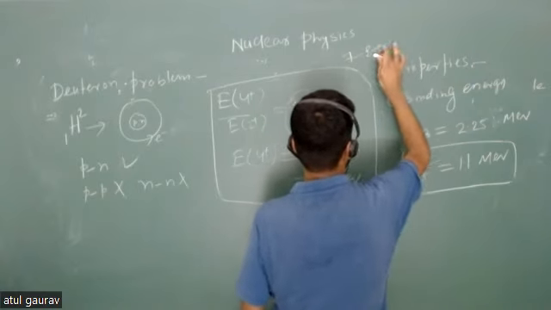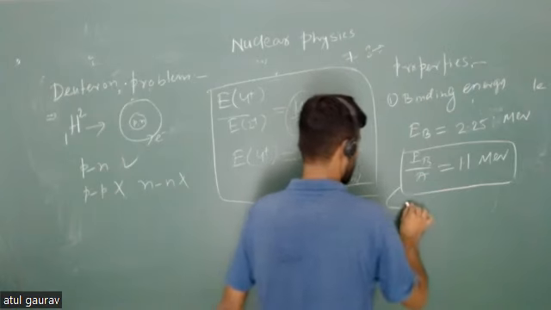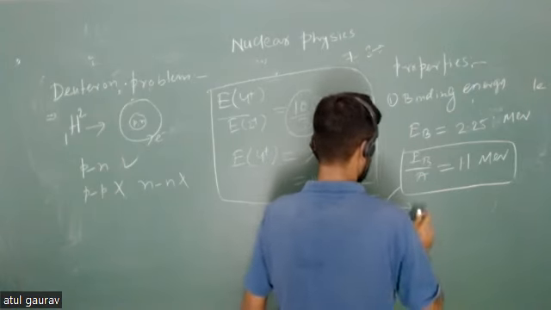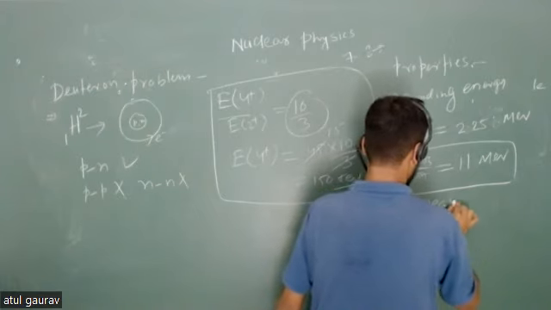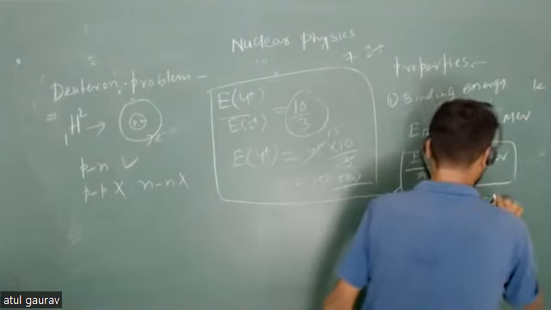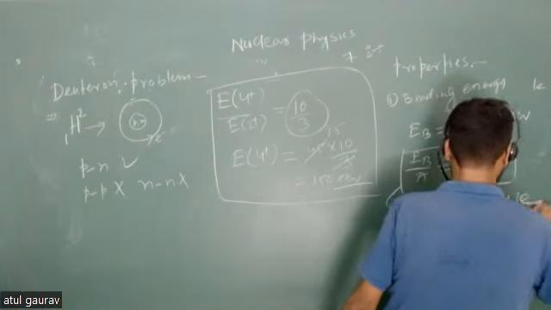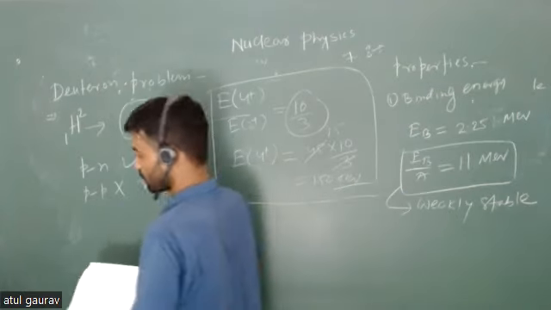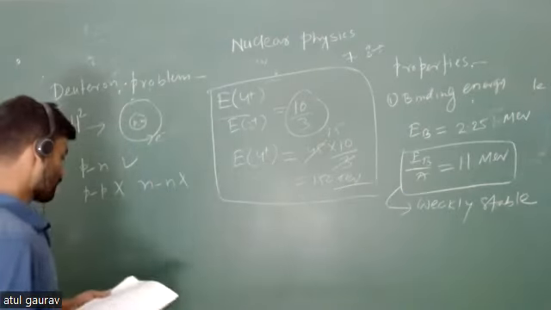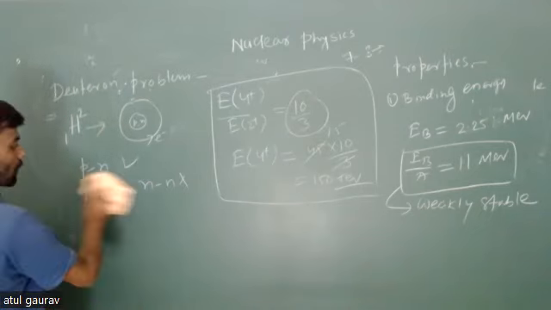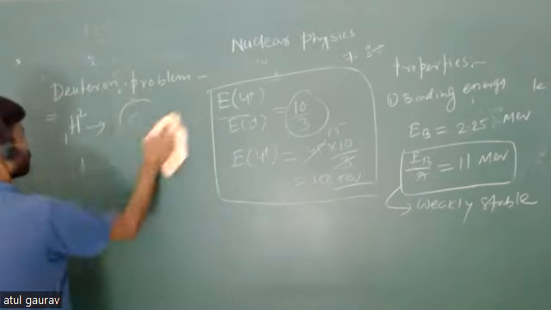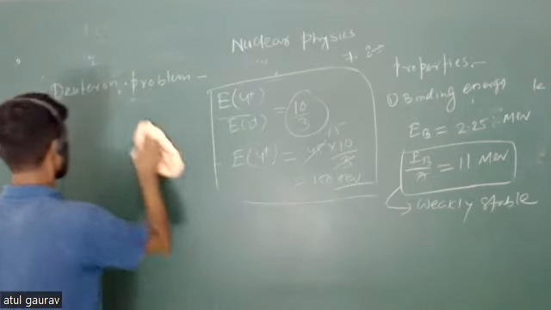So you can say this is weakly stable. Now, can you calculate that binding energy? So that experimental result I have written, can you calculate it? Answer should be yes, right? So this is the experimental result.